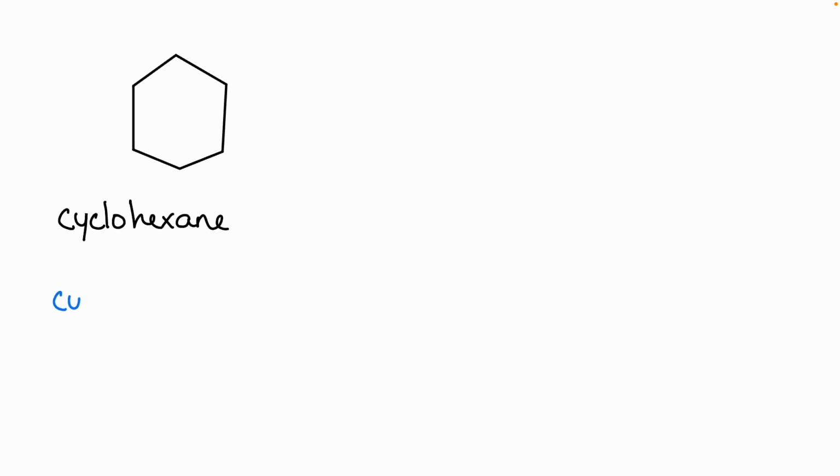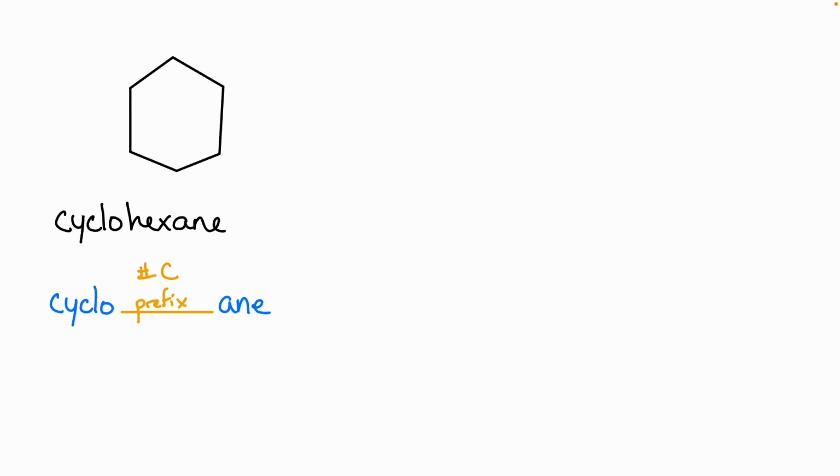They're all going to start with cyclo. You're going to have whatever that prefix is for the number of carbons. And then because we're still talking about alkanes, they'll all have that ending ANE. So in this case, I had a 6-carbon ring. 1, 2, 3, 4, 5, 6. So that's why it was cyclohexane.